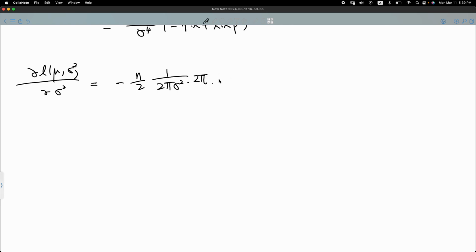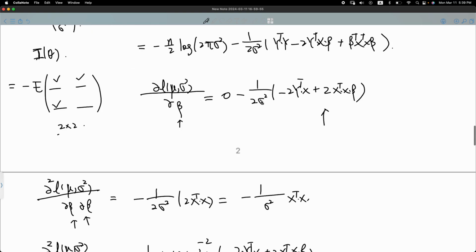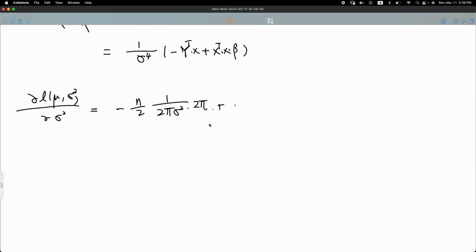Just in case I made any typos, I'm going to do it step by step. We have the -1 from the power, and then sigma square raised to the power of -2, and then y minus x beta transpose, y minus x beta.